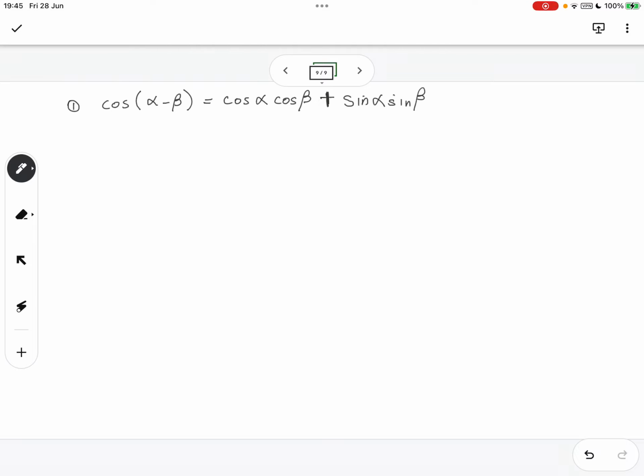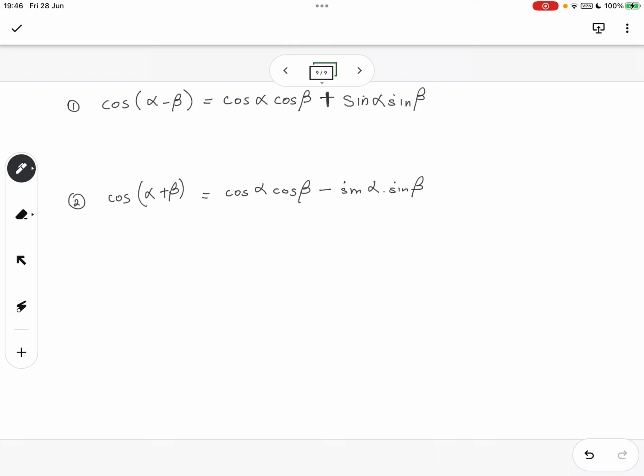But that's the first one. The second one is cos alpha plus beta, and it equals the cos of alpha times the cos of beta minus the sine of alpha times the sine of beta, right?